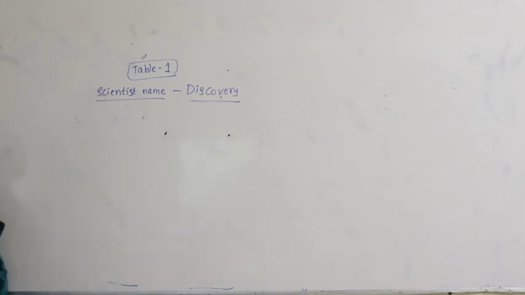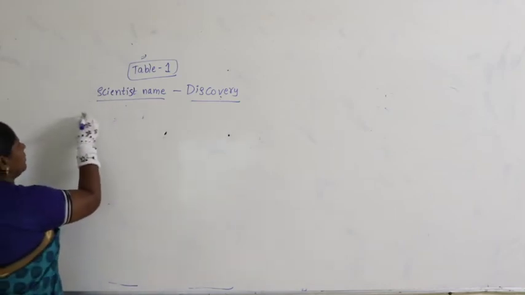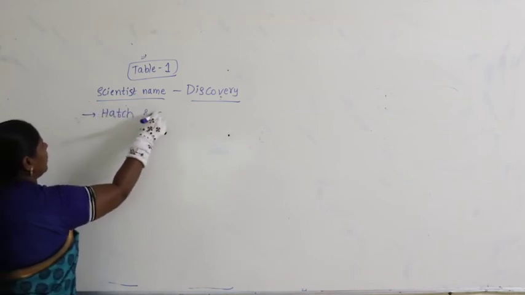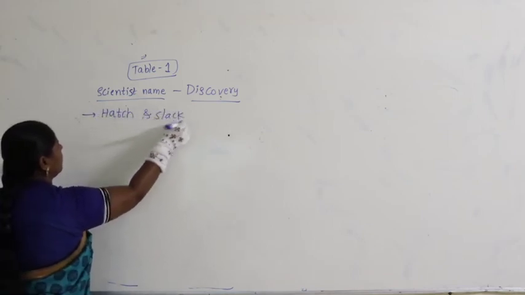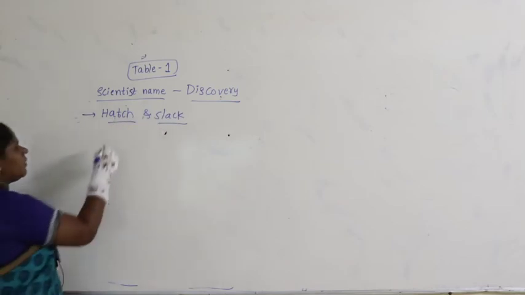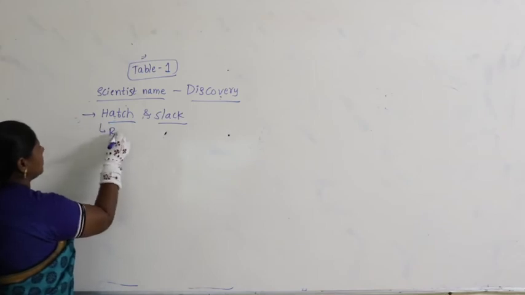Let us discuss the scientist names. Here we can write Hatch and Slack, the 2 scientists. Along with them we can write one more scientist, Ramadas.